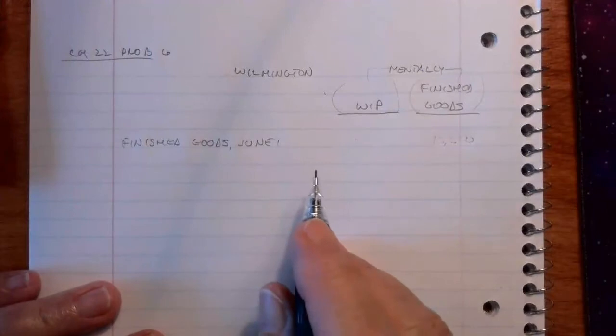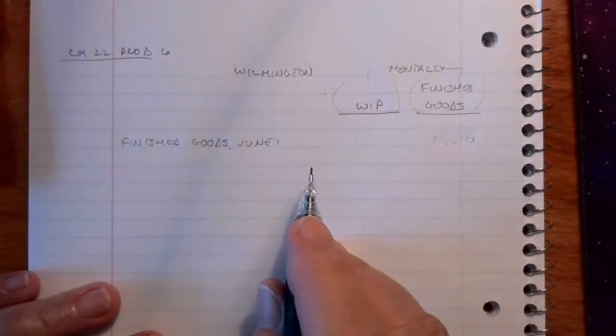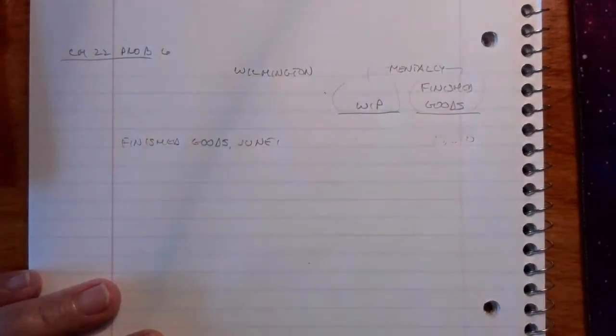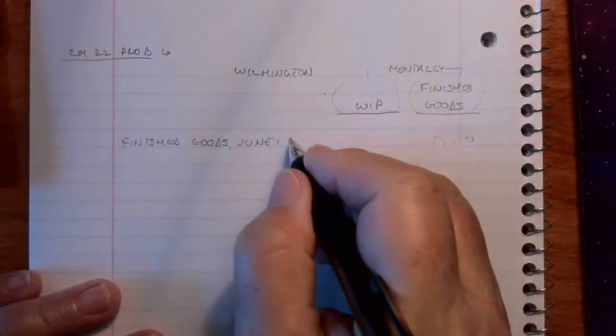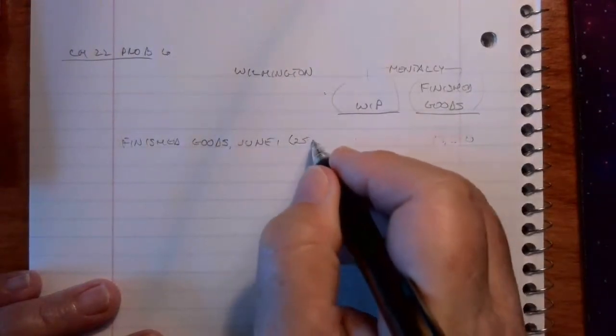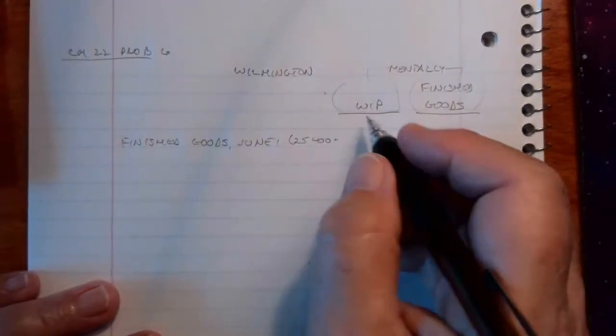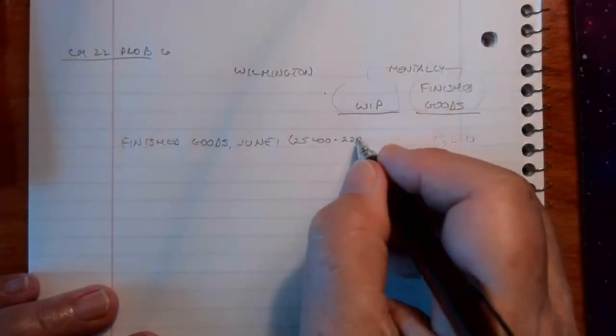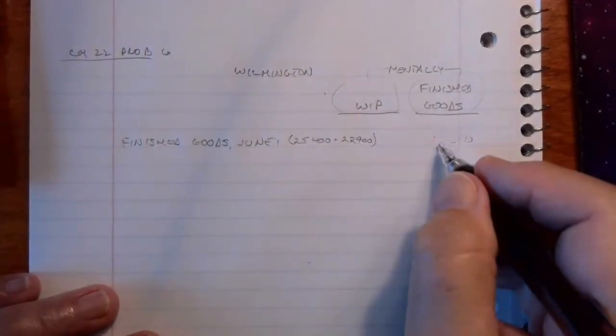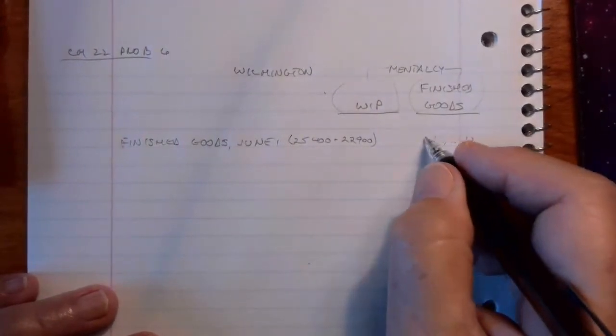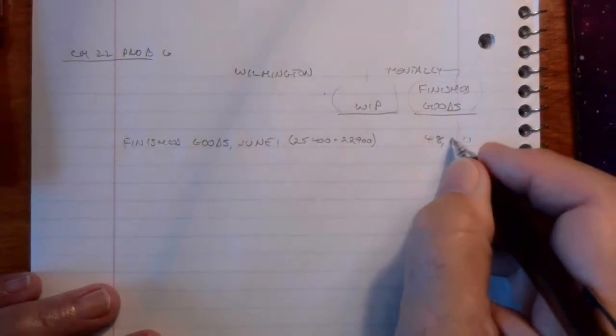So our beginning inventory would be the 25 for P1 and P2. So that's 25 plus 22.9. And so our beginning then is 48,300.